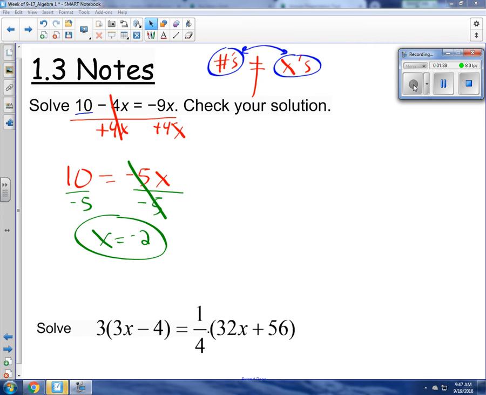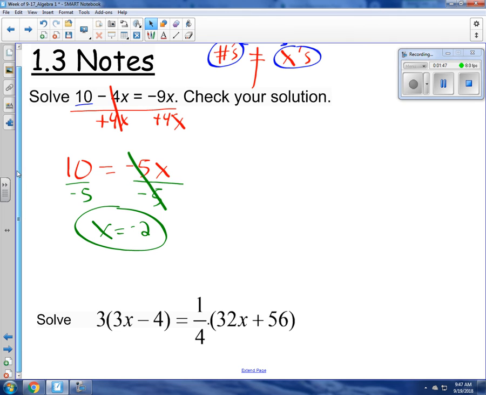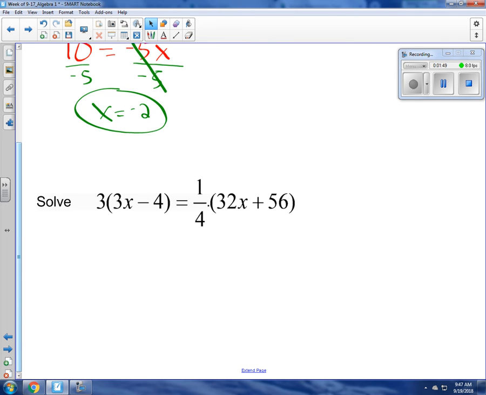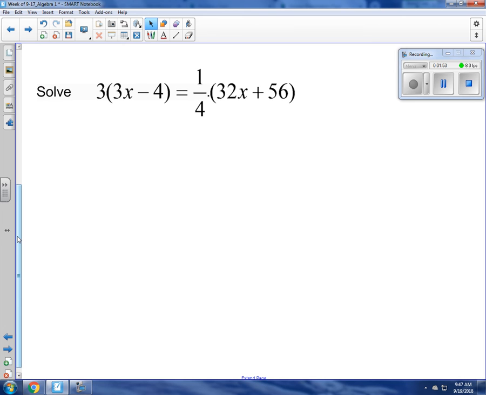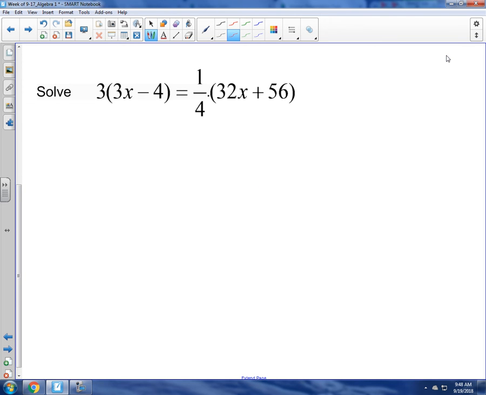So let's move on and talk a little bit about this next problem. We'll go a little bit slower on this one. It's a little bit more challenging. Let's see what we got going on here. Okay. This guy. All right. So on this problem, we want to go ahead and distribute. So I'll use the distributive property here, and I'm just going to do all of that out.